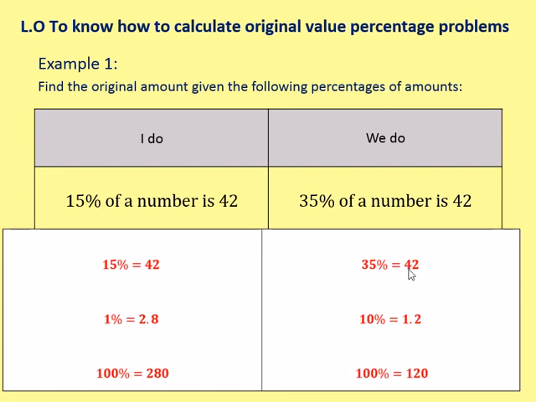Divide both sides by 35 to get 1%. So 1% equals 42 divided by 35, which gives 1.2. Then times both sides by 100 to get 100% equals 120. And that is absolutely fantastic if you have got that right by yourself.